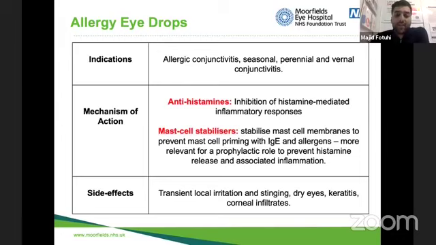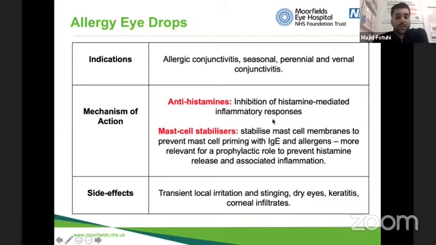There's two groups of medications that we use to combat this. The mainstay is antihistamines, and these work by inhibiting the histamine-mediated inflammatory response, similar to how we would take an oral antihistamine like fexofenadine, but this is working within the eye to control the inflammatory process locally.